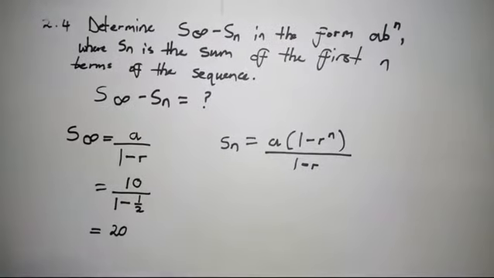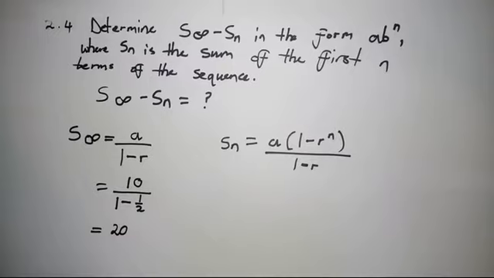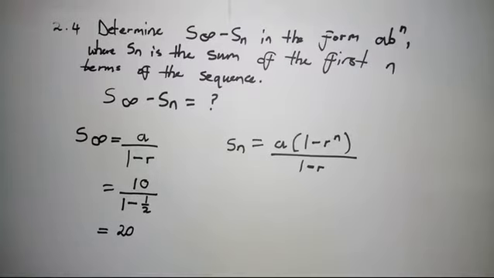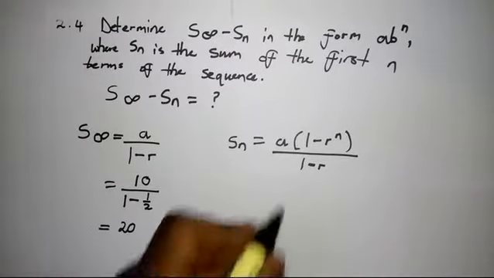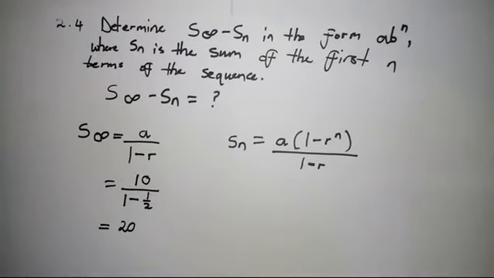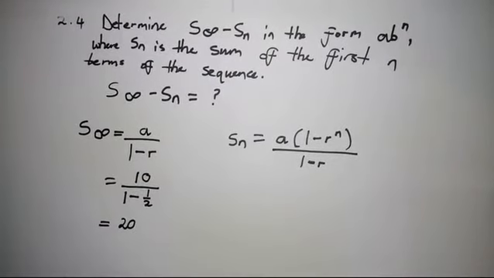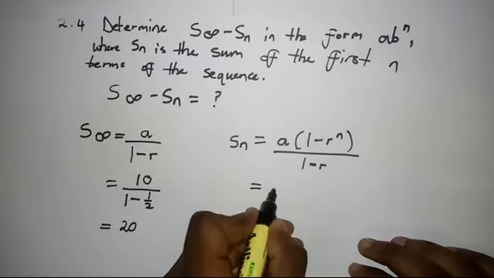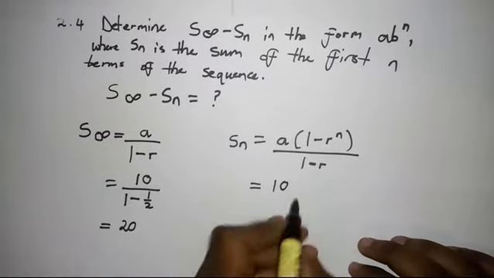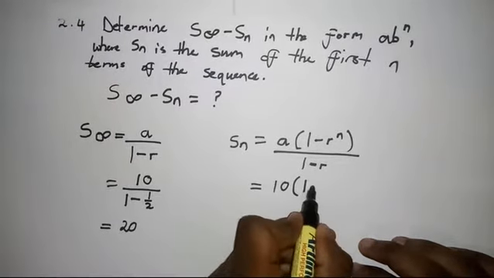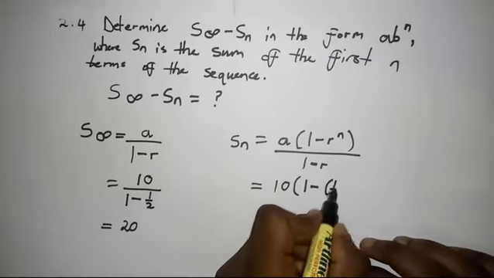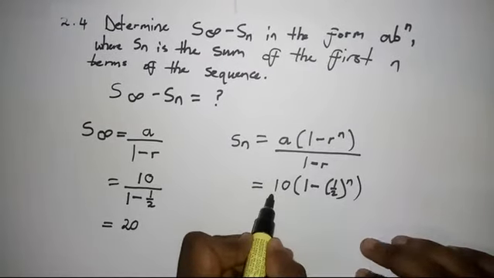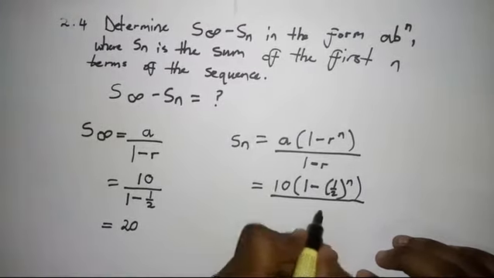There are actually two different formulas for calculating the sum of terms in a sequence, but I would suggest that you stick to this one because it works for all cases of summation of the geometric sequence. So it will be, as you know, a is 10, and then 1 minus a half to the power of n, all over a half.